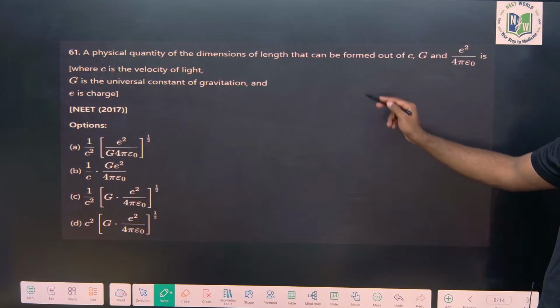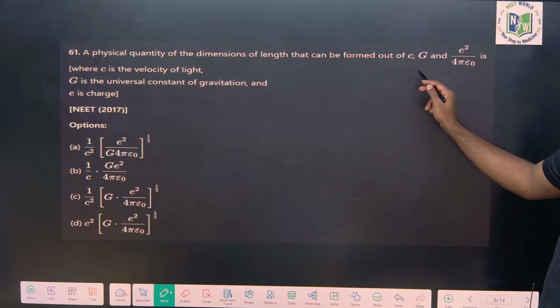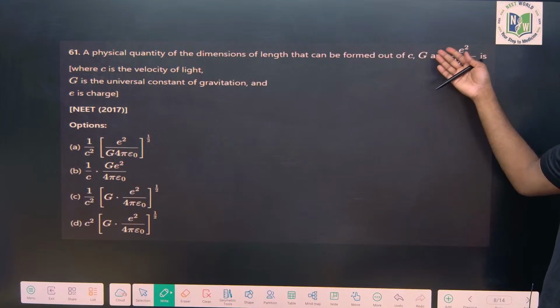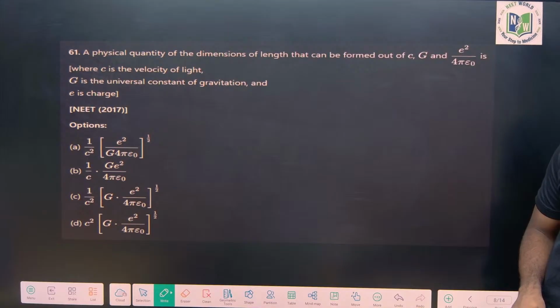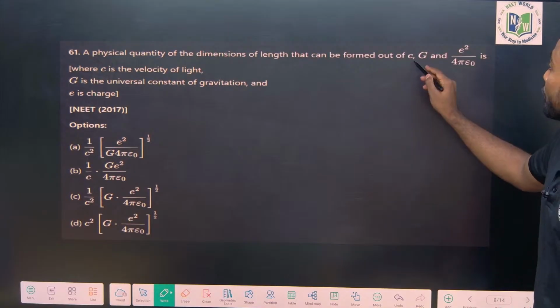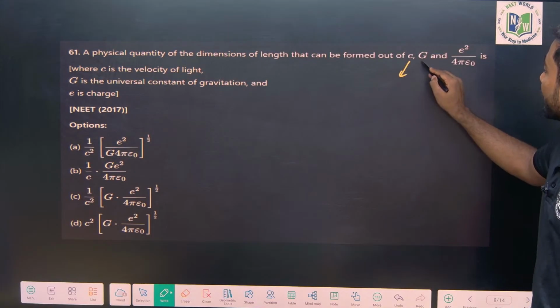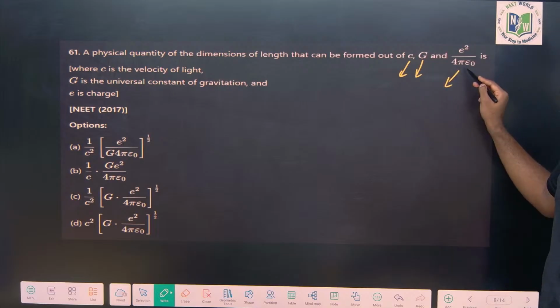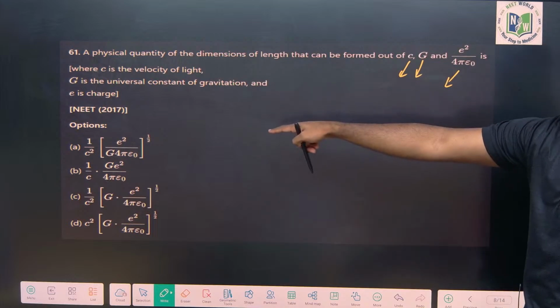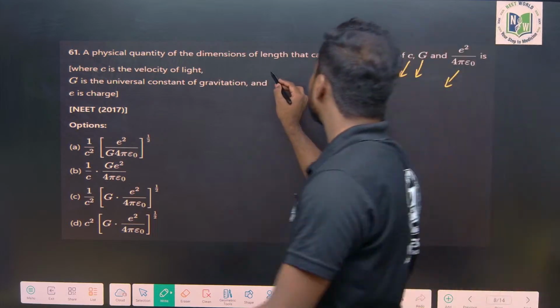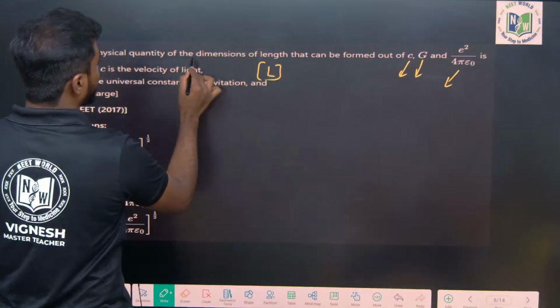Then what should I find here? When I multiply or use these quantities, I should get the length. First thing I need to find is the dimensional formula for C, G and e square by 4 pi epsilon naught. Then if I use these 4 options, I should get only the dimensions of length.